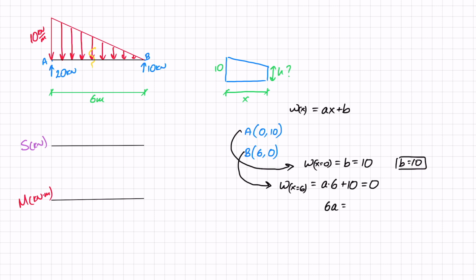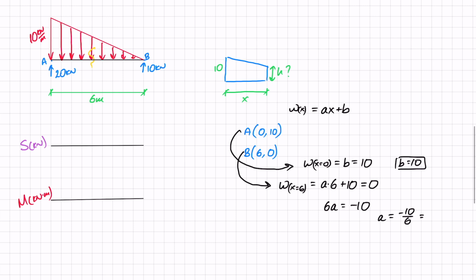So 6a equals minus 10, and therefore a equals minus 10 divided by 6, which I can write as minus 1 and 2/3.